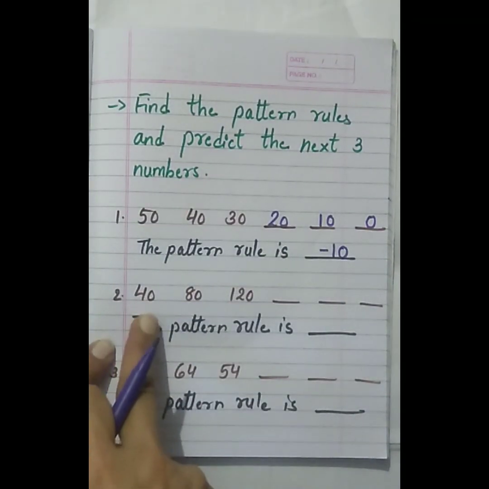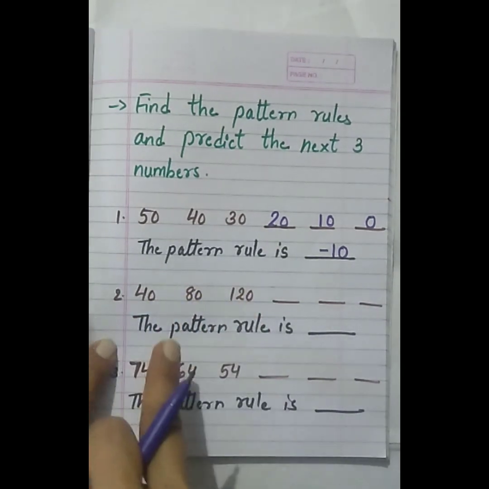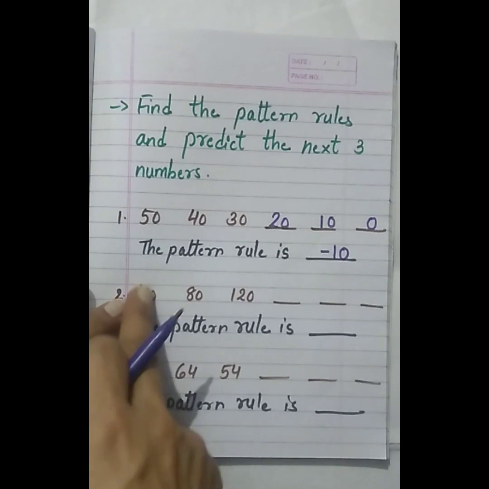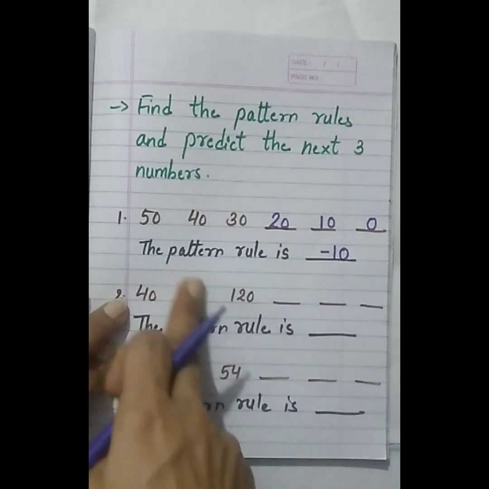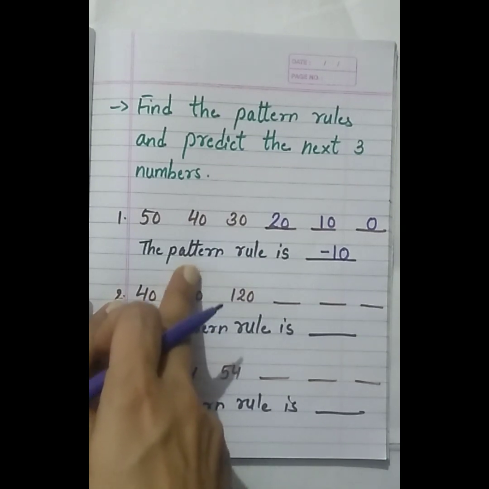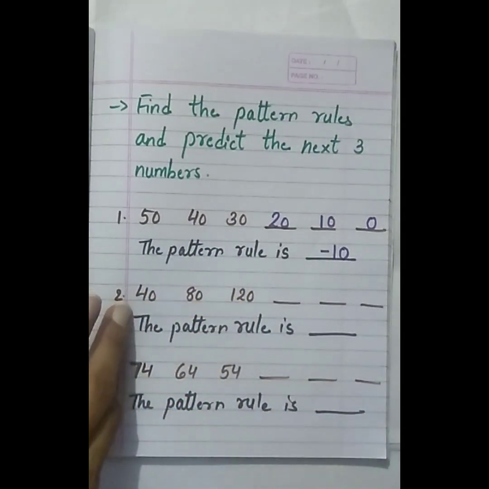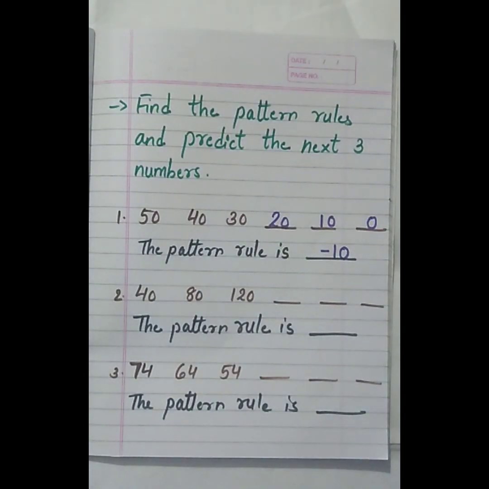Now here 40, 80, 120. Can you see, from 40 we have done double of it, so we have jumped plus 40. Then after 80 again plus 40, and I got 120. So what will be our next number? From 120, we will add 40 to it.